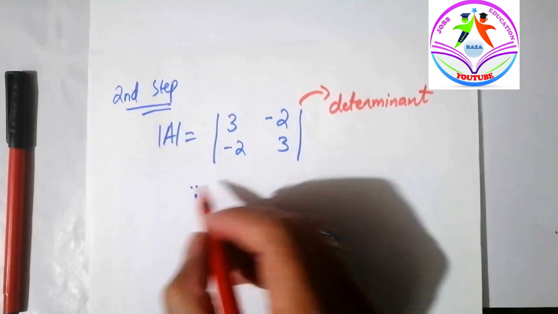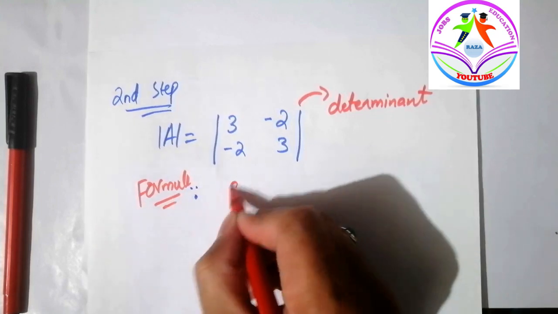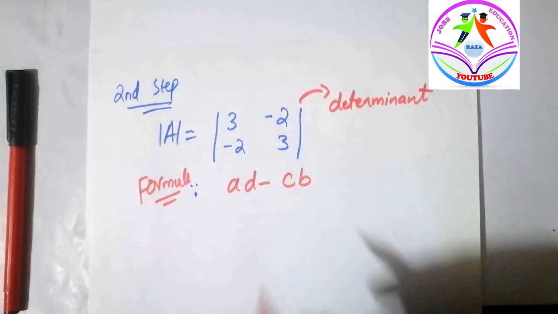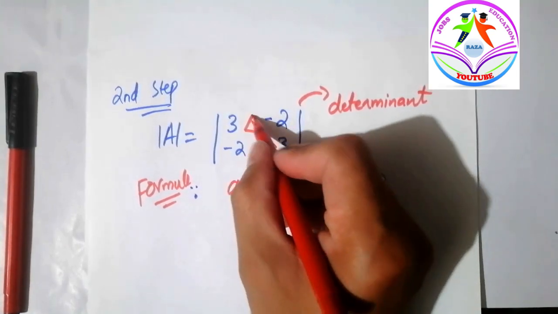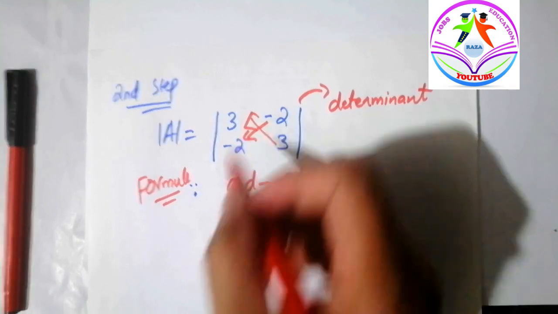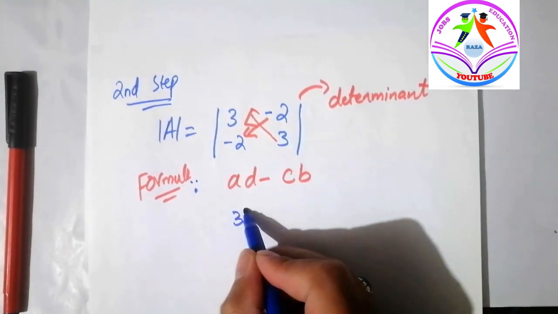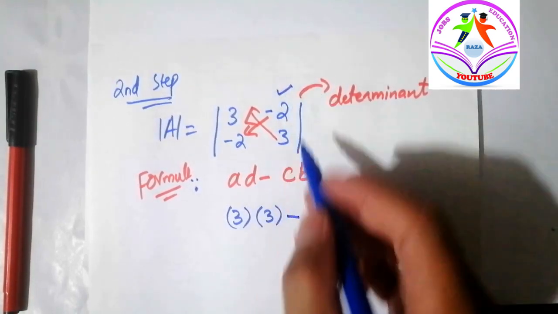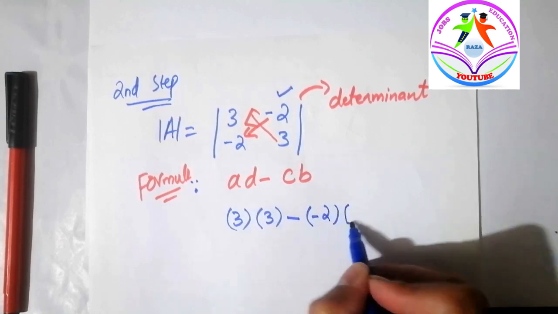The determinant formula is AD minus CB, which you can remember as a cross. Our A value is 3 and D value is 3, minus C value is minus 2 and B value is minus 2.